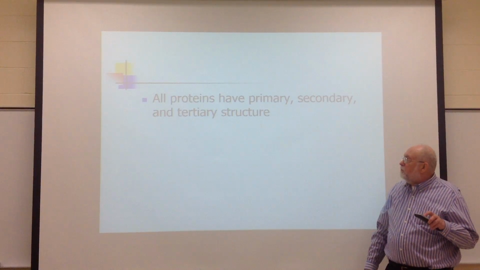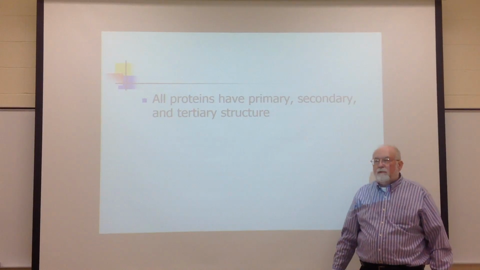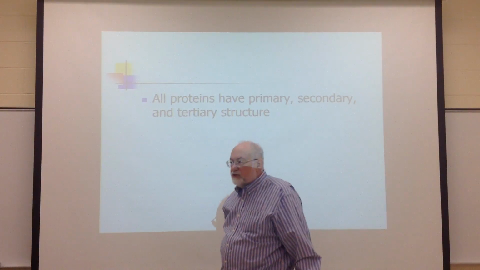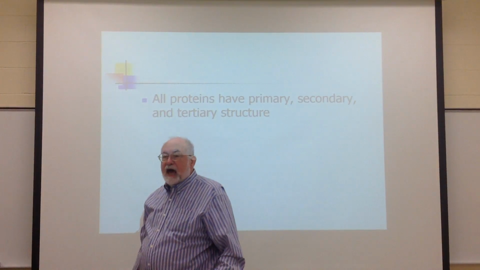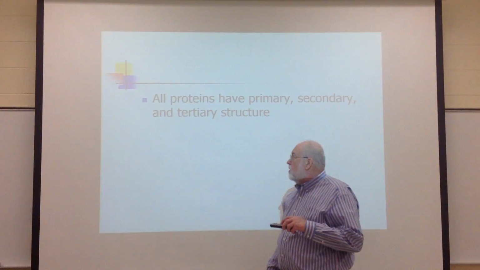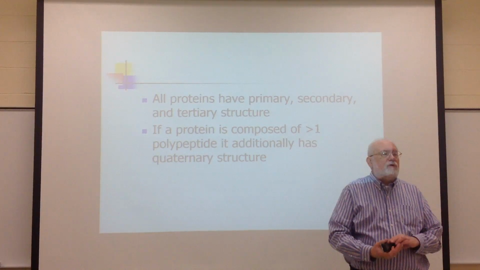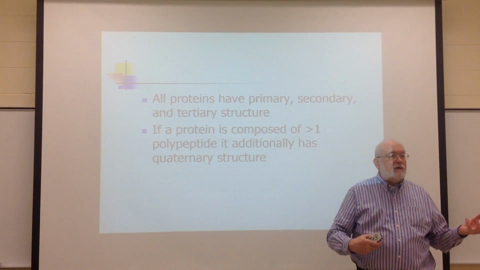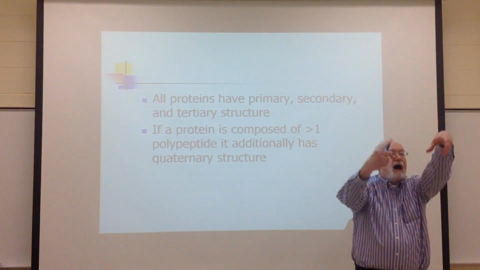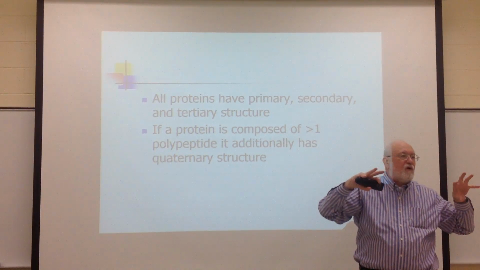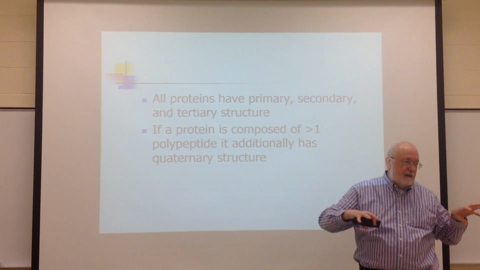All right, now, all proteins are going to have a primary, secondary, and tertiary structure. But some have another level, and that's called quaternary. That results when you take more than one peptide or protein and combine them together in some overall complex shape.